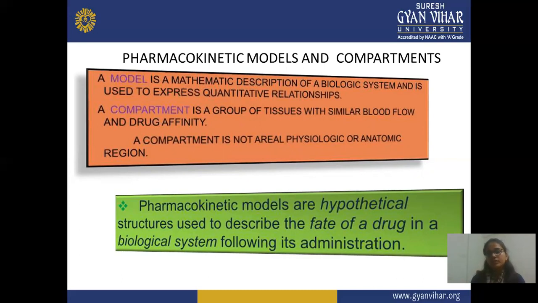And a compartment is a group of tissues with similar blood flow and drug affinity. Meaning a compartment is nothing but a group of tissues or body parts that have the same blood flow and the same drug affinity. So if particular tissues have the same blood flow and the same drug affinity, then it is known as a compartment.